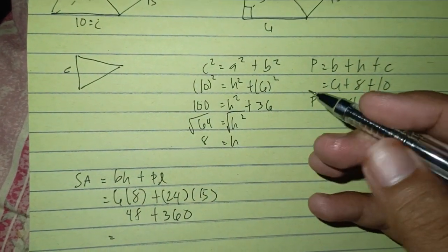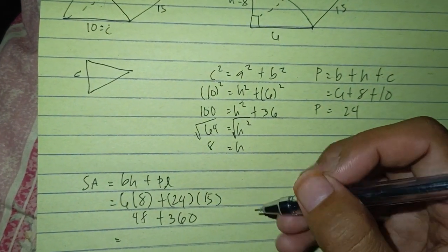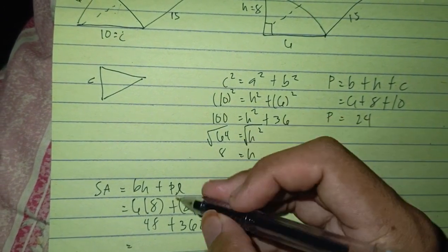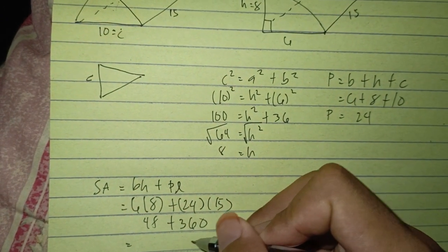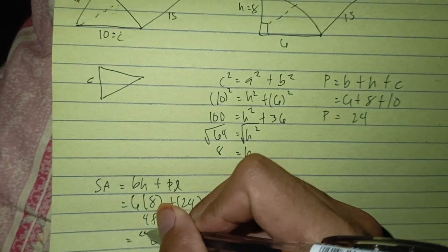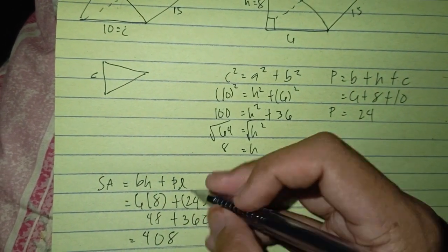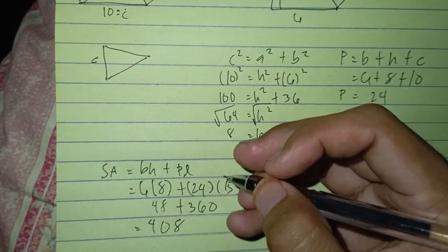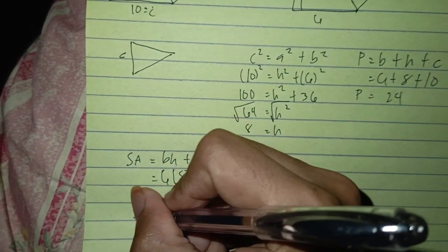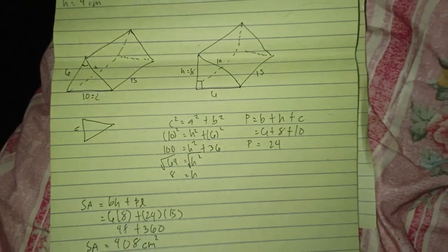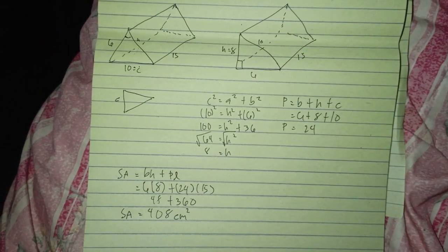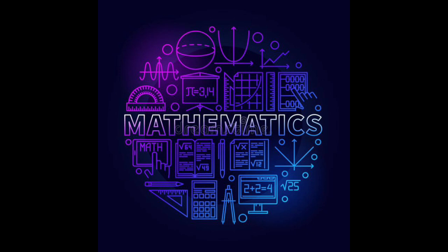So 360 plus 48 is 408. If we want to put a unit here, we could use centimeters squared. So that is the surface area. That is all for our lesson on the triangular prism.